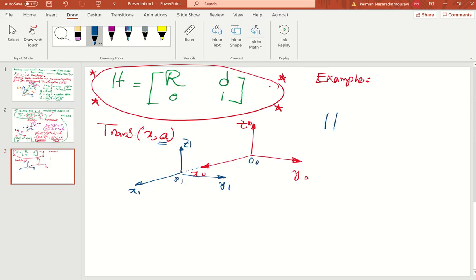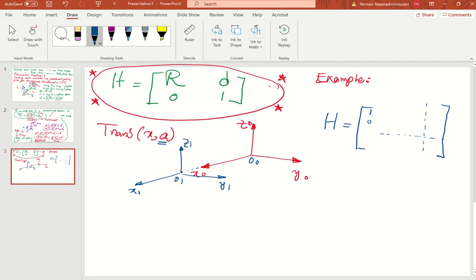So the homogeneous transformation: do we have any rotations? No. So your rotational part, guys, you always have to do like this, because the directional cosine of the angle of x1 with respect to x naught is 0. That's right, because they are parallel, so it's going to be 1.